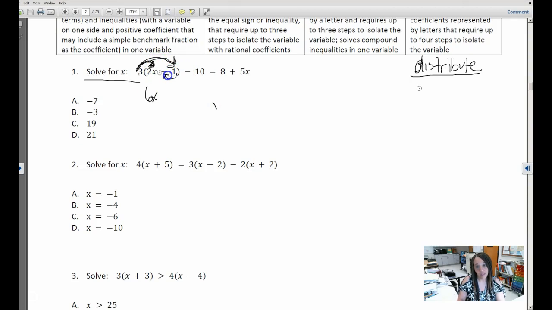And this is a negative. So 3 times negative 1 is negative 3. So the way I write that down is I just put negative 3, which by default becomes 6x minus 3. And that's all I'm doing in step 1, I was going to distribute. I'm going to bring down everything else and keep organized.